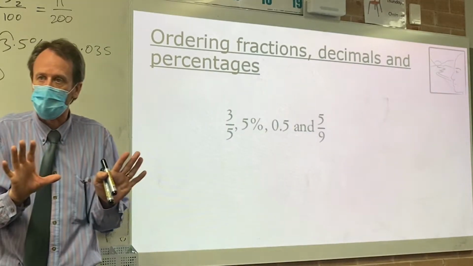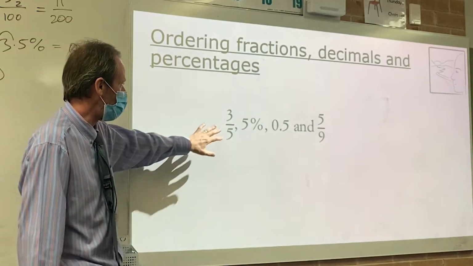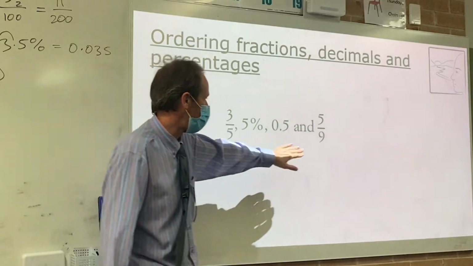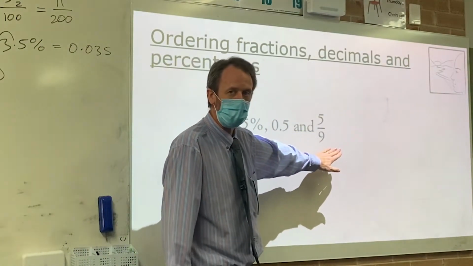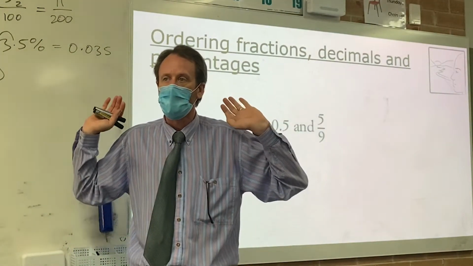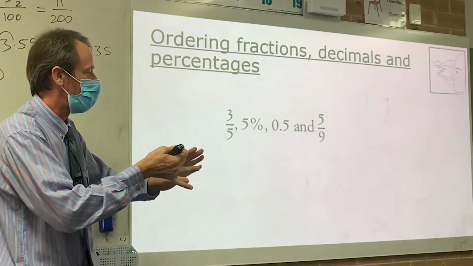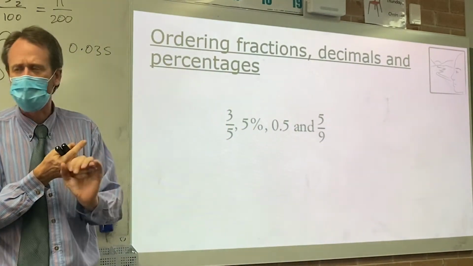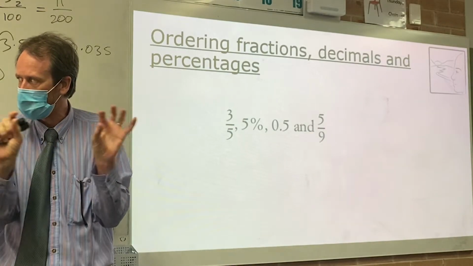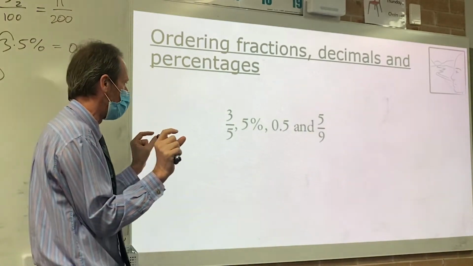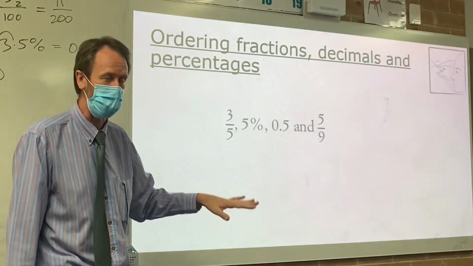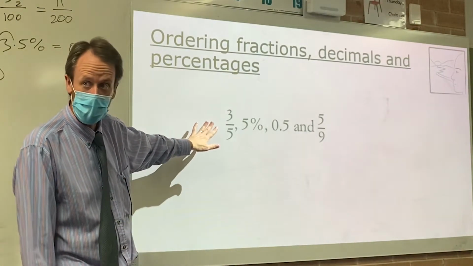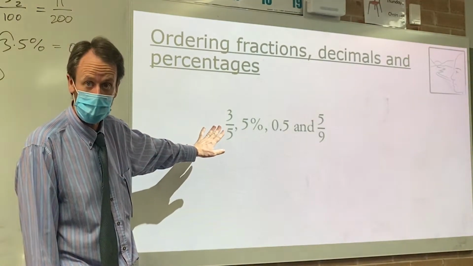I'm actually going to do it a bit quicker because I can do it in my head. Somebody taught me years ago how to convert these straight away. Now the easiest thing is either convert them to a percentage or convert them to a decimal. Don't try and deal with fractions. Remember to compare fractions, you have to have the same denominator. So let's steer clear of the fractions. Let's go for either decimals or percentages.